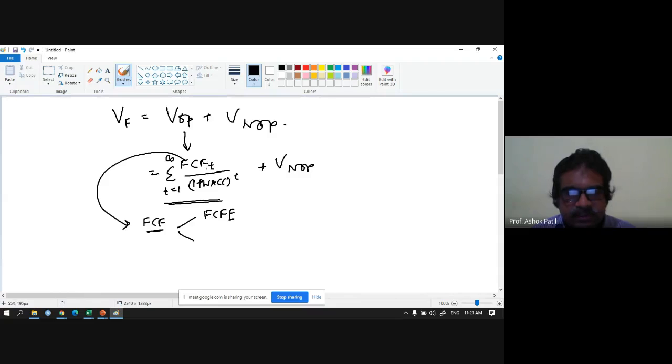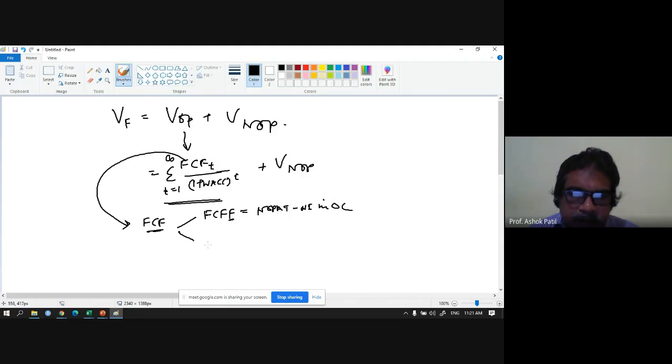The initial calculation, NOPAT minus net investment in operating capital, was FCFF. So FCFF is nothing but NOPAT minus net investment in operating capital. This can also be written as NOPAT plus depreciation minus capex minus change in net working capital.